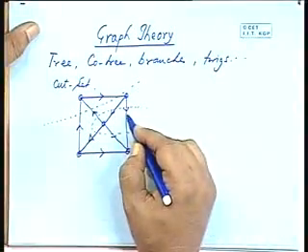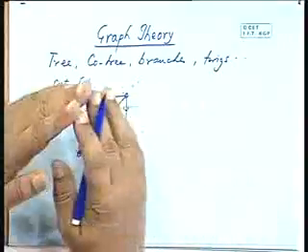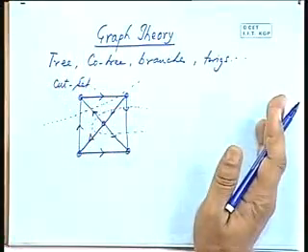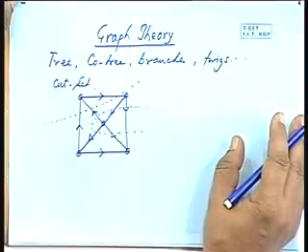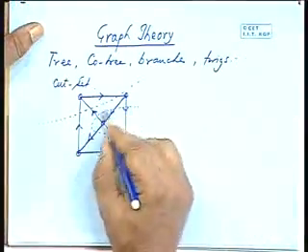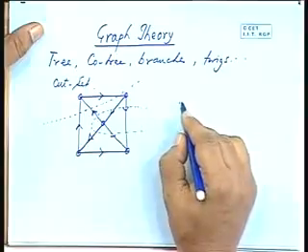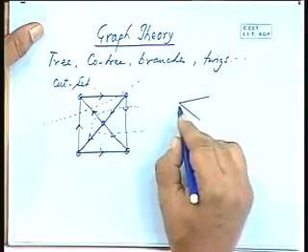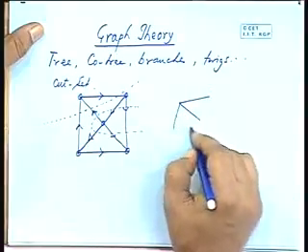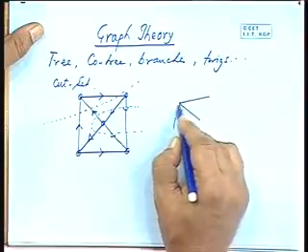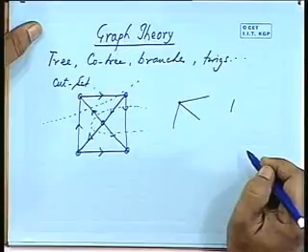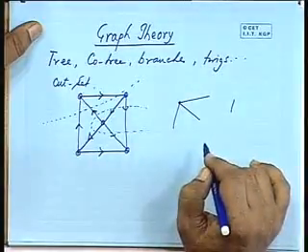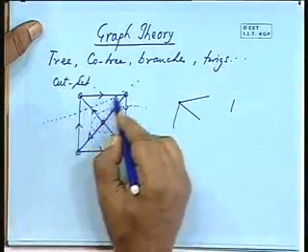But when you are separating the two parts of the entire network, then the cut branches must be connected to a node. There should not be a part like this. Then this is a proper cut.